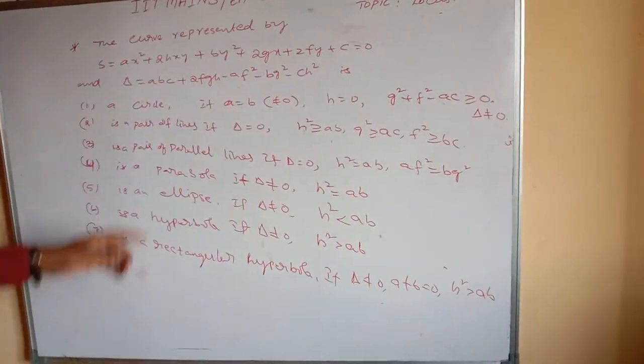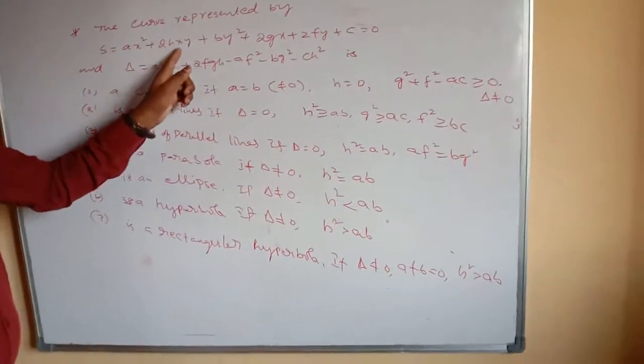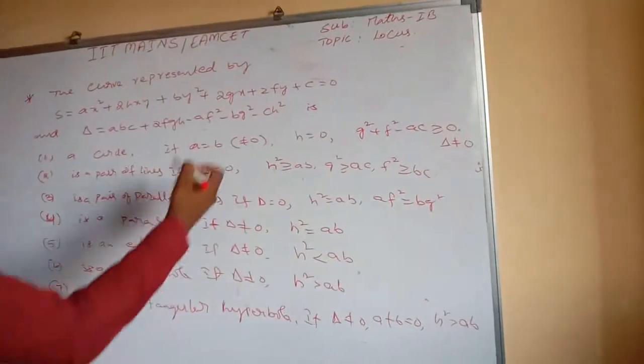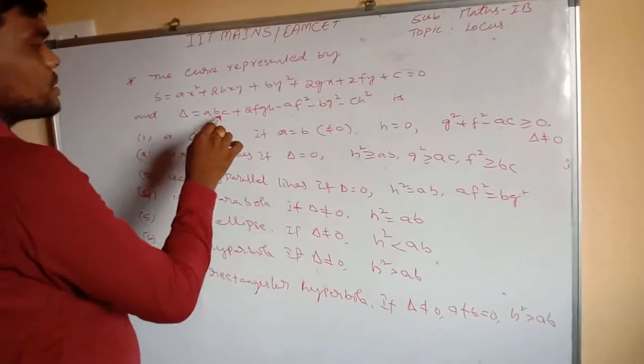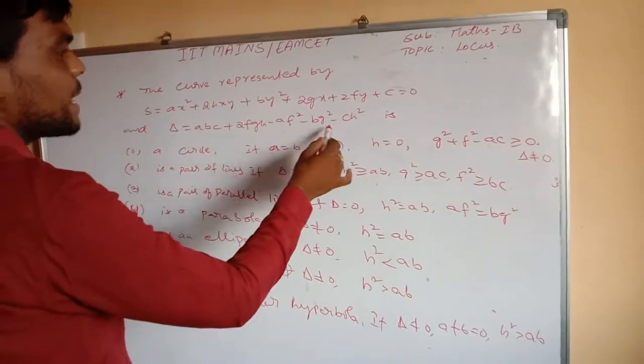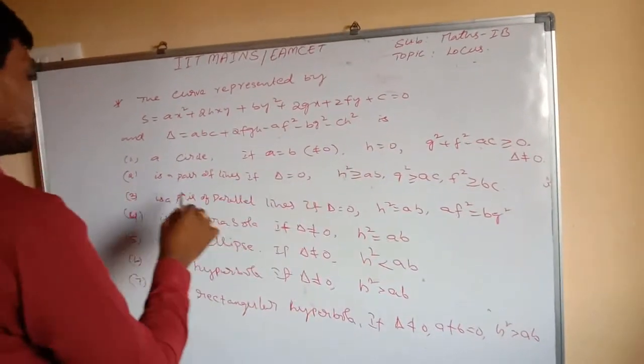Now the curve represented by S is equal to ax square plus 2hxy plus by square plus 2gx plus 2fy plus c is equal to 0, and delta is abc plus 2fgh minus af square minus bg square minus ch square.